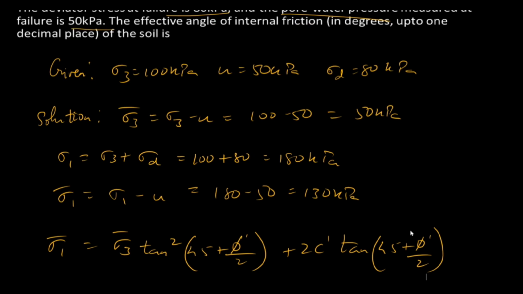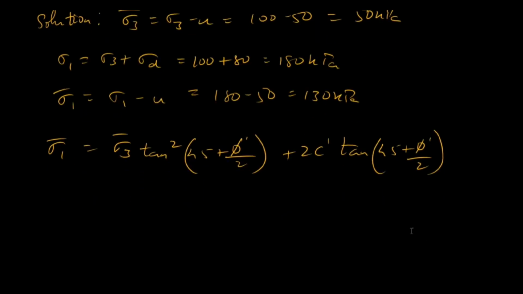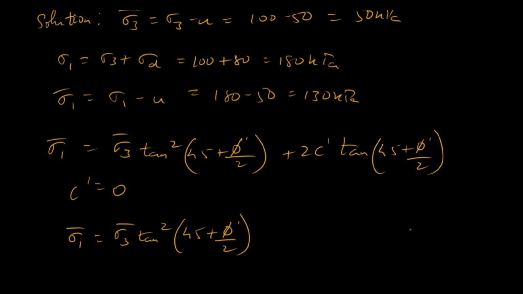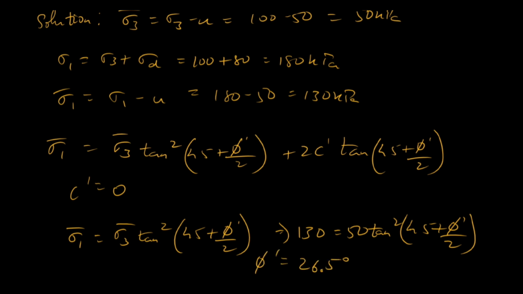They didn't give the value of c', so we will assume c' as 0. Therefore, we get sigma 1' equal to sigma 3' tan square (45 plus φ'/2), which is 130 equal to 50 tan square (45 plus φ'/2). By solving this, we get φ' equal to 26.5 degrees.